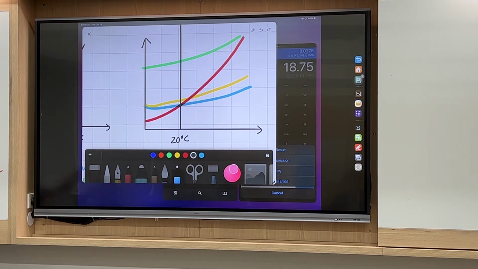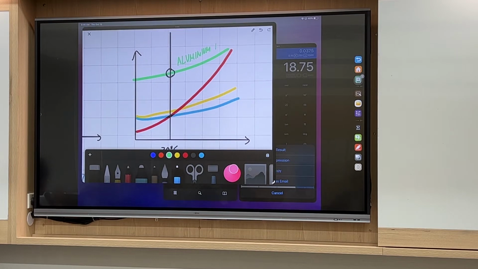Which of these colored curves, green, has the highest solubility? So this salt is aluminum nitrate. Aluminum nitrate has the highest solubility, because when you look at this curve, higher means high solubility and lower down means low solubility. So the higher you go, the more soluble it is.